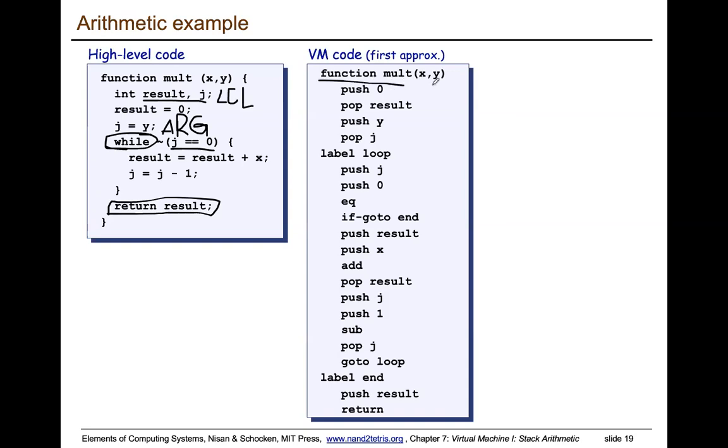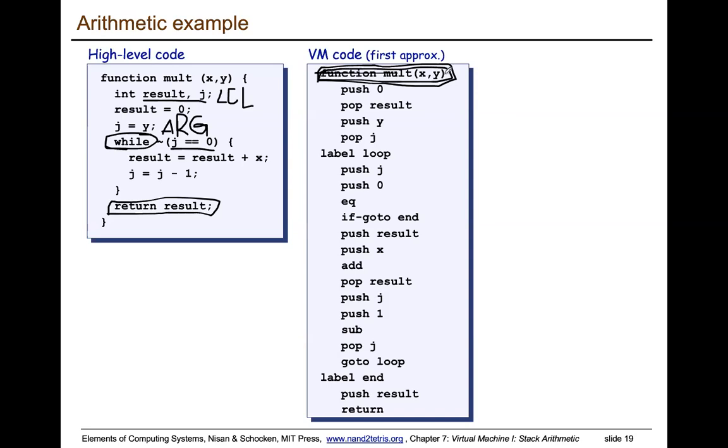Now we look at what our compiler will do: the virtual machine code, first approximation. I have the function name. You don't need to worry too much about it; in the next 3 classes we will talk about function control. Here you just treat it as a name.